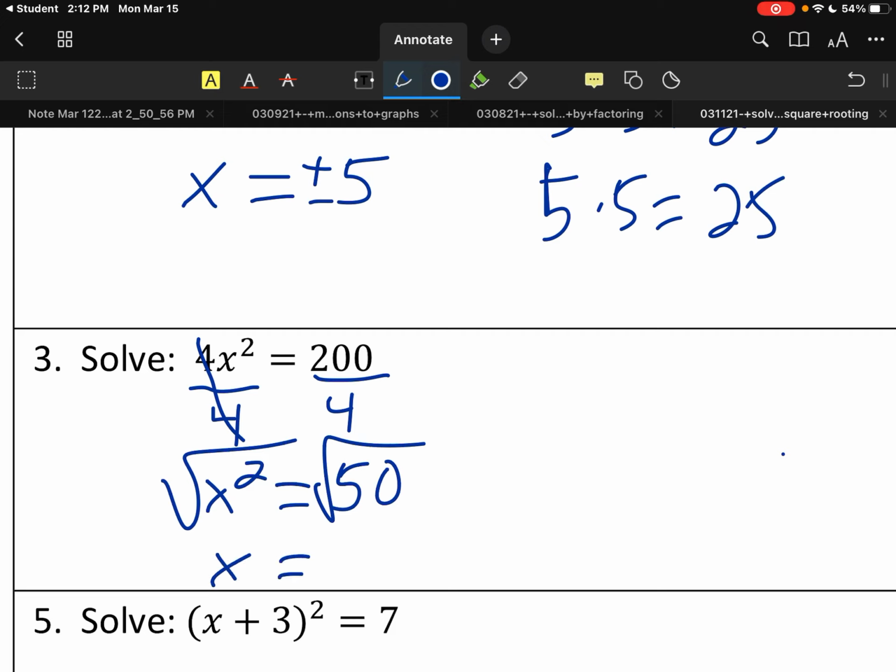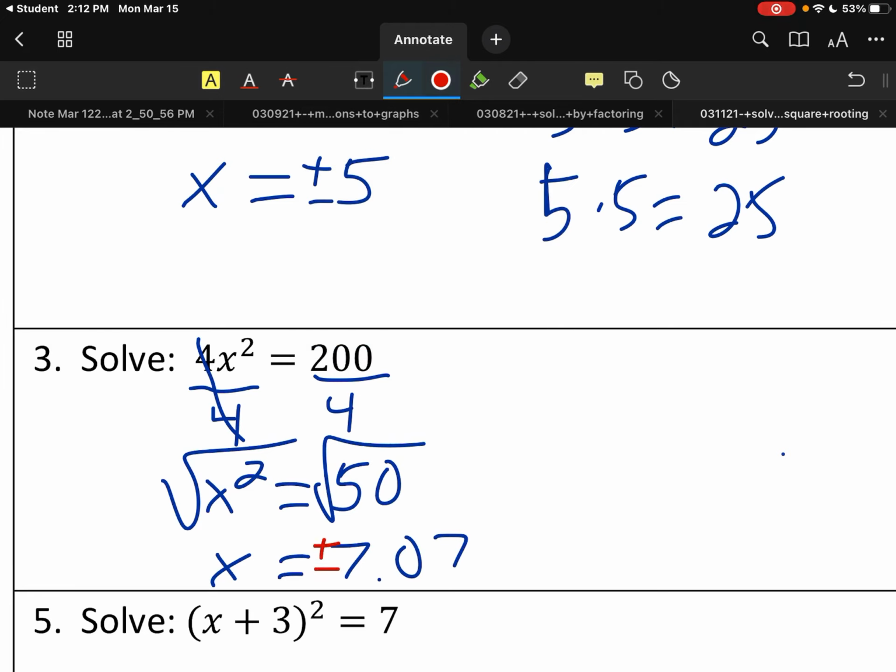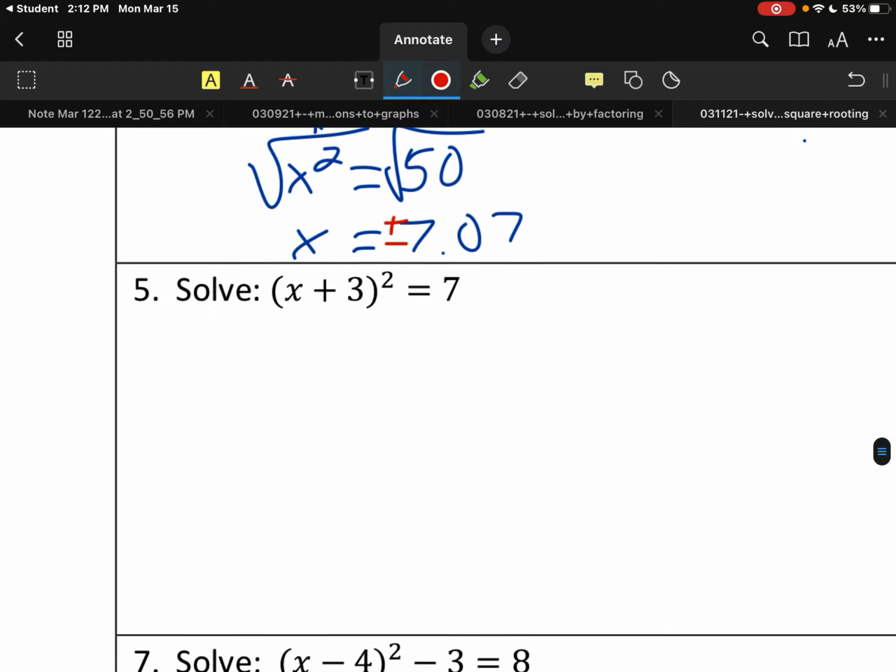This time it is a decimal, so the square root of 50 is 7.07. And then don't forget your plus minus in front, okay? Because it could be positive or it could be negative. So you can just round.